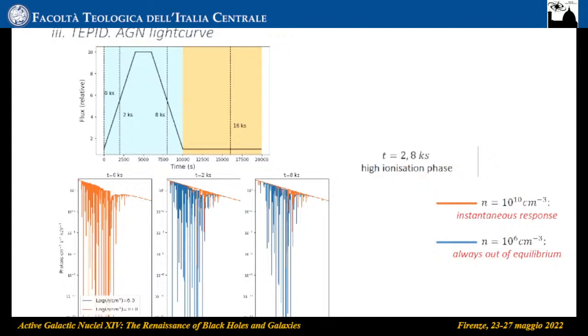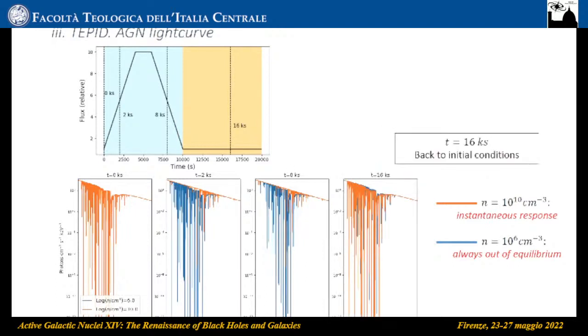Instead, the low density gas is practically not responding, and so the spectrum is almost constant. And then the situation goes back to normal up to 16 kiloseconds. So this simple experiment shows the power of time-evolving photoionization, which quickly allows you to constrain the gas density and therefore to build a more comprehensive picture of ionized outflows.